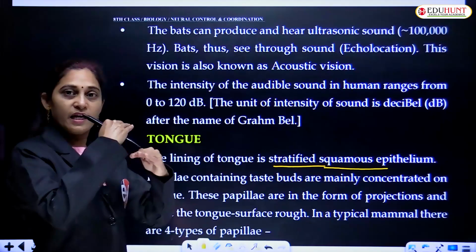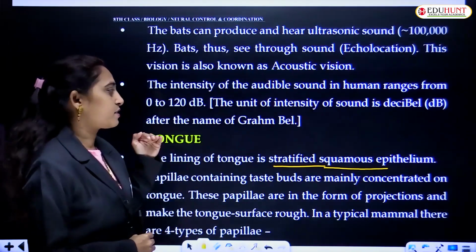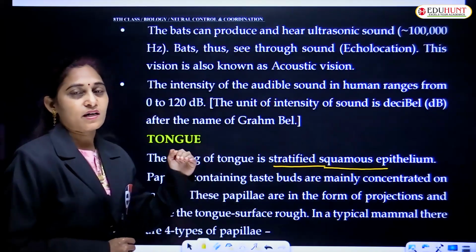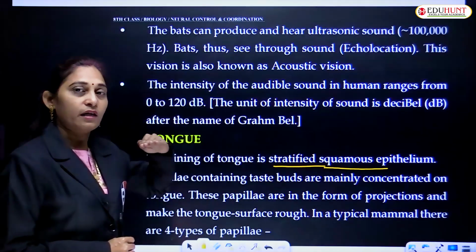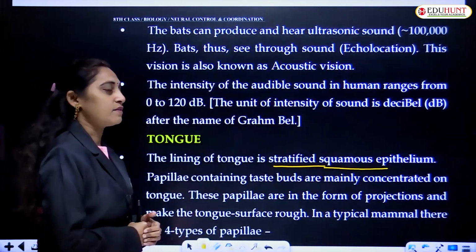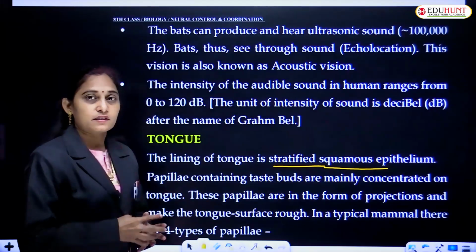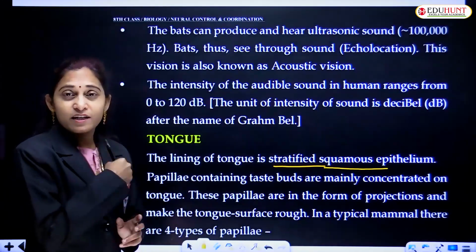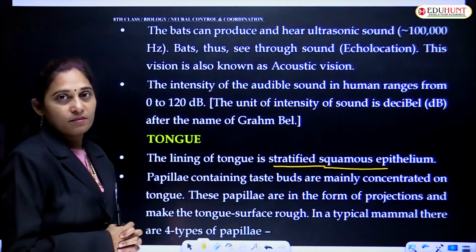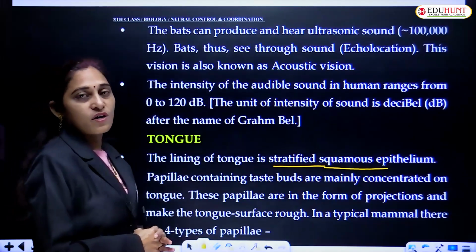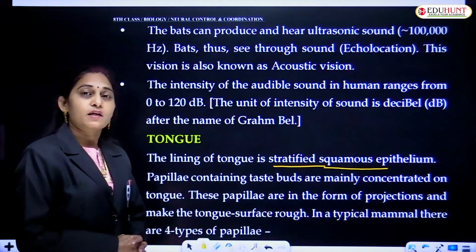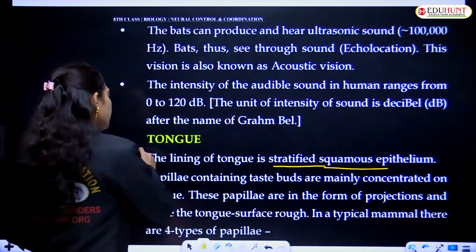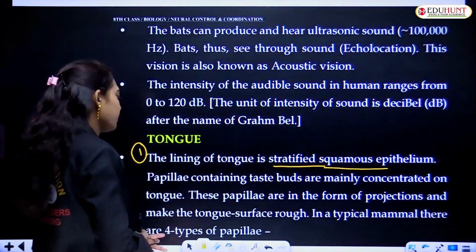Stratified means layered. That lining of the tongue is made up of stratified squamous epithelial tissue. That is the main point here.